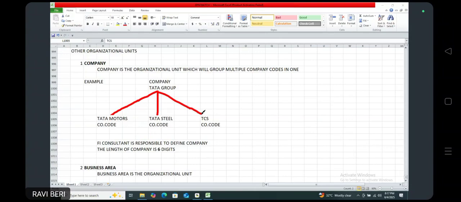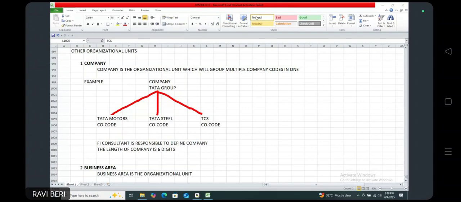Sir, one small doubt. You said the company code length is 4 digits. So whatever company name we register, we take that name as the company code, right? But for example, Sabyasachi, Manish Malhotra, some branded clothing companies, the name length is more, right?